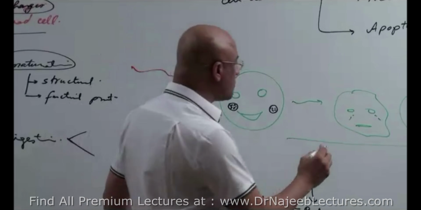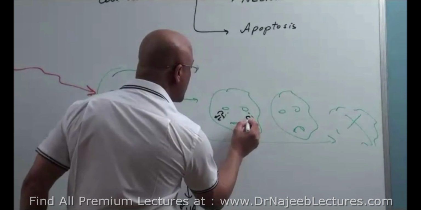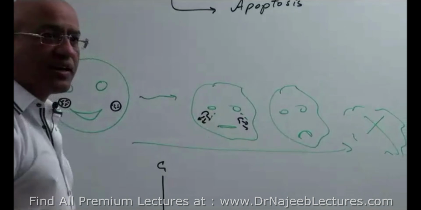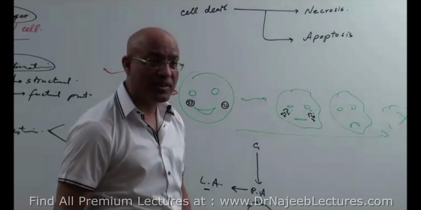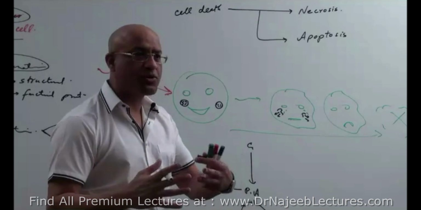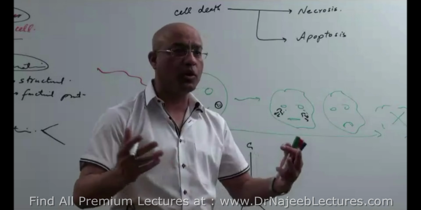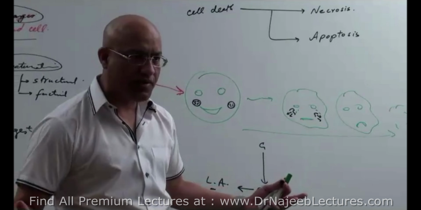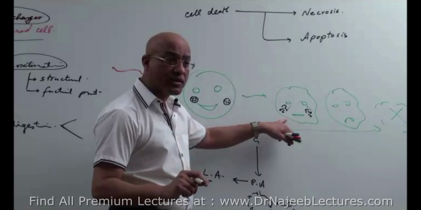And if lysosomes burst, these enzymes will come out and start damaging the cellular proteins. If they start digesting the proteins, of course there will again be morphological changes due to proteolysis, or digestion, of cellular components. So this will bring more morphological changes.